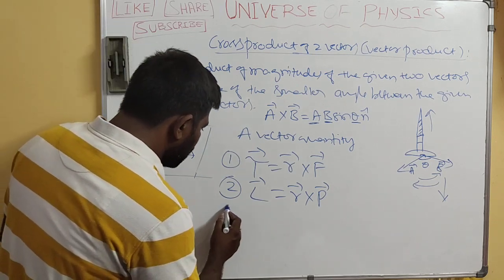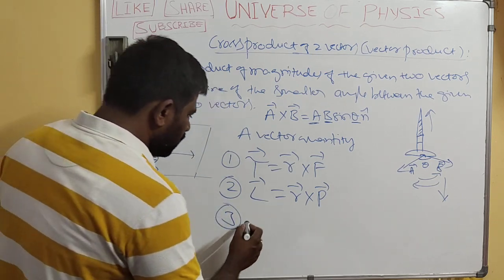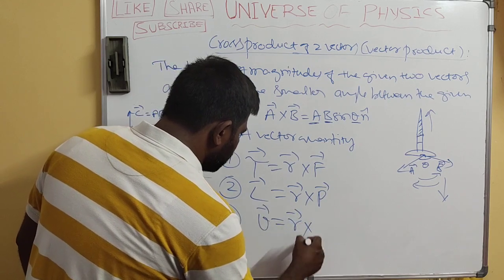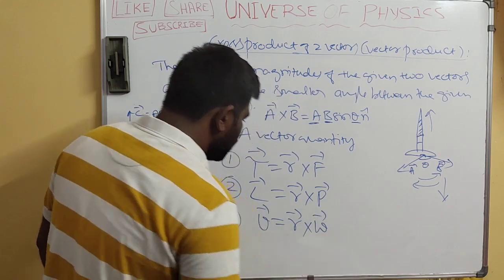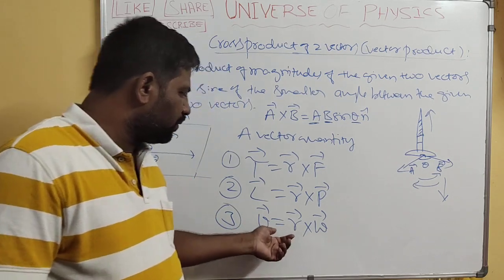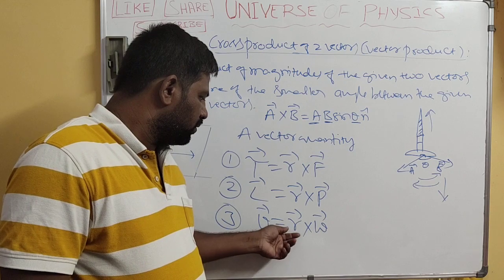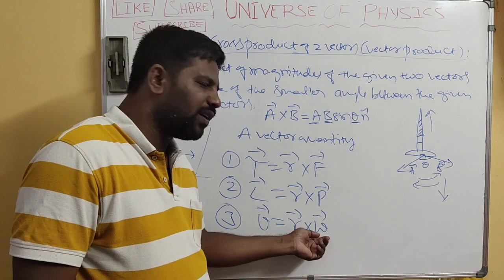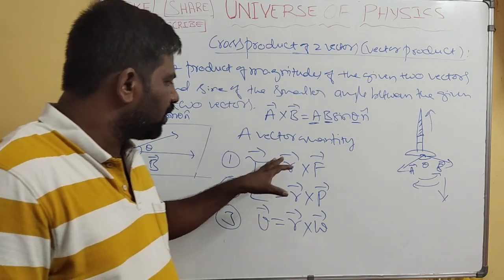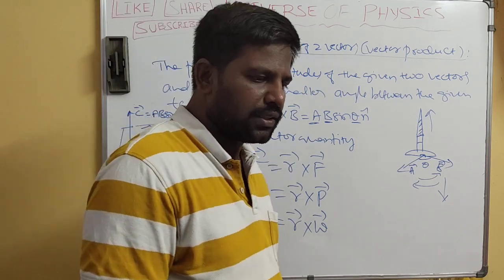And one more example, vector v is equal to vector omega cross vector r, that is linear velocity is the cross product of angular velocity vector and displacement vector. These are all the examples for cross product of two vectors.